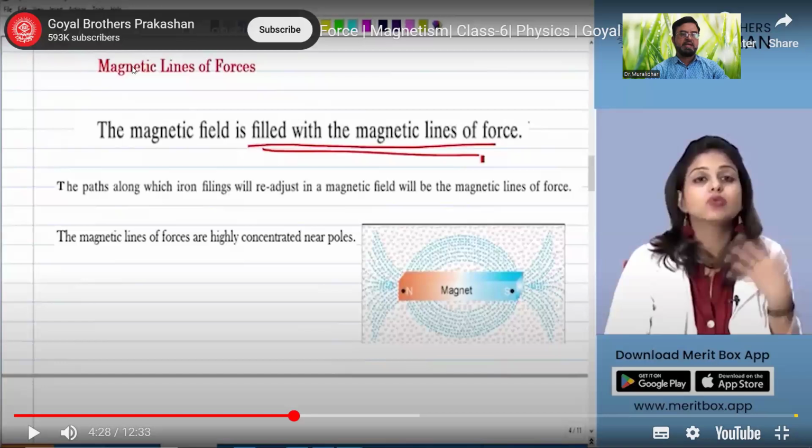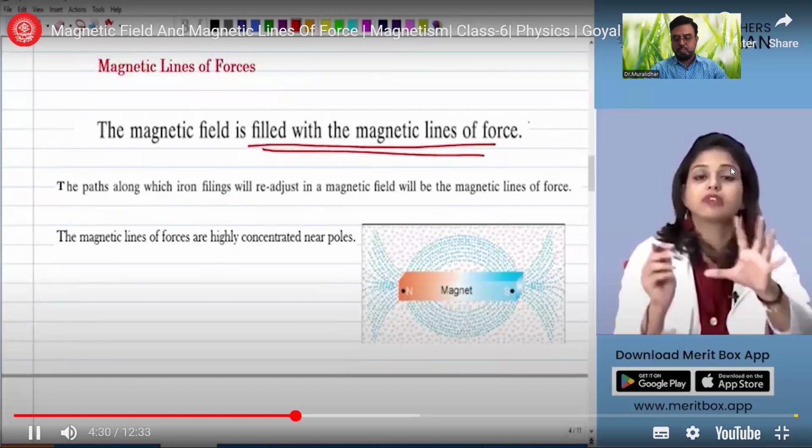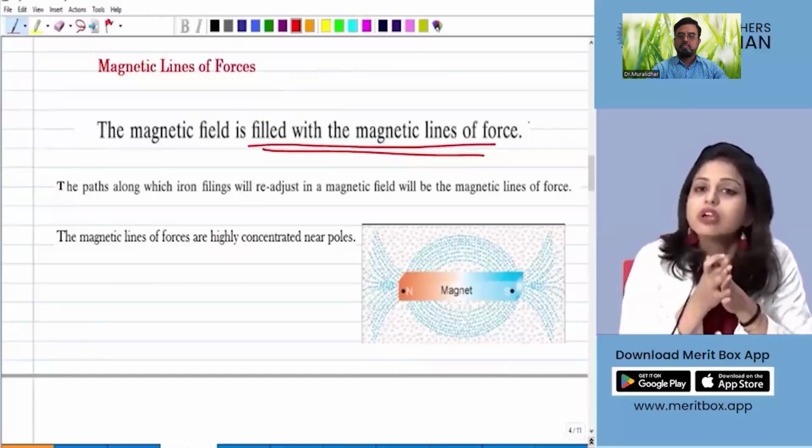The magnetic lines of force are the path along which iron filings will readjust in a magnetic field. The magnetic lines of force are highly concentrated near poles. Right. What is magnetic field? Magnetic field is the area around the magnet through which its influence can be felt.